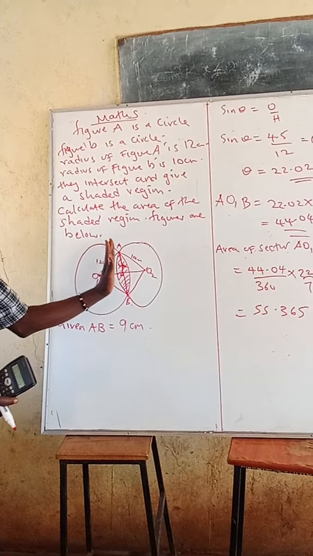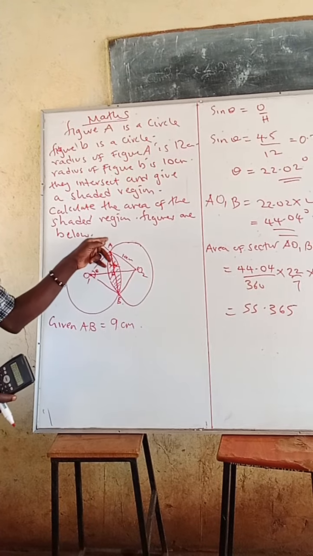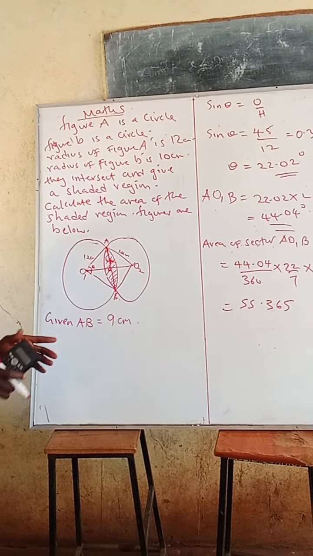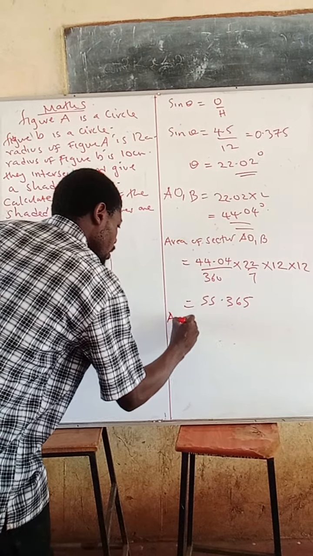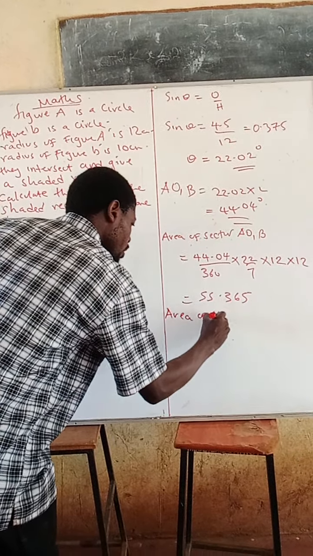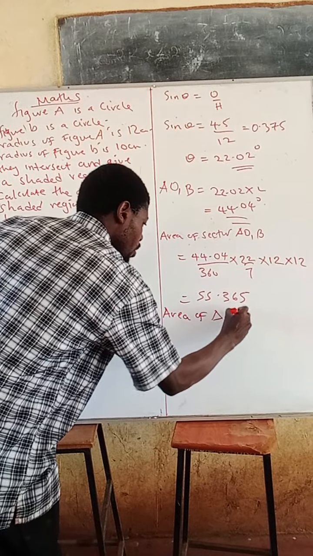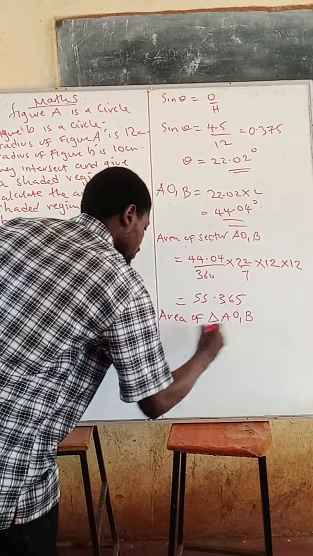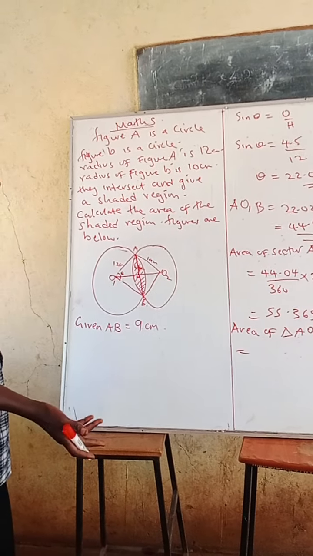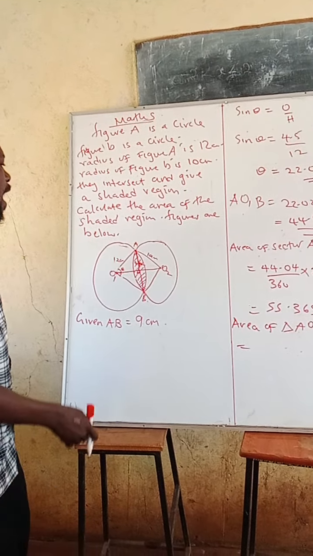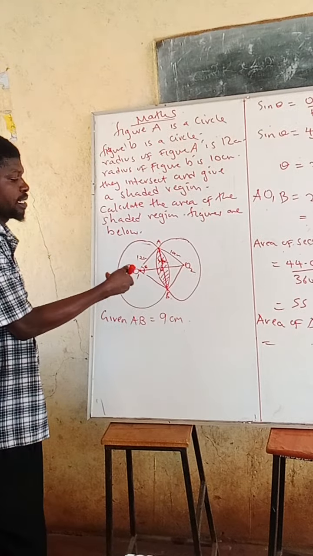Now, we have not yet gotten the area of triangle AO1B. This area now, you can give it half base times height.